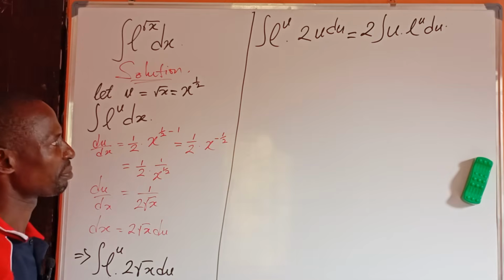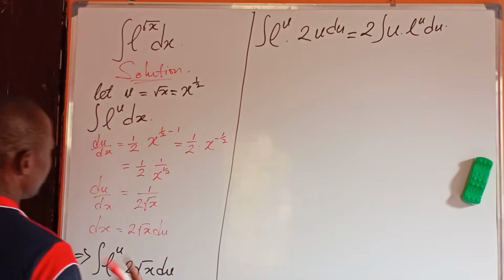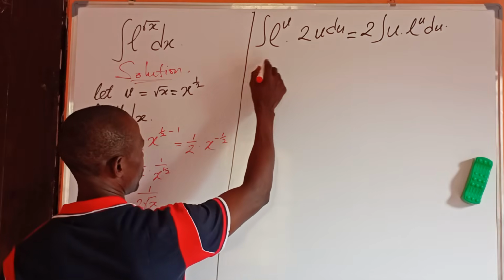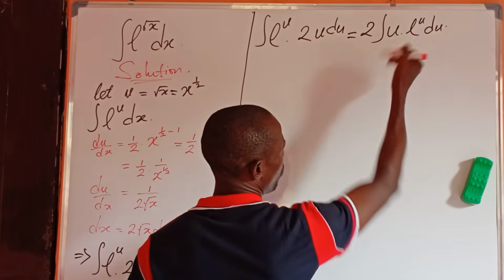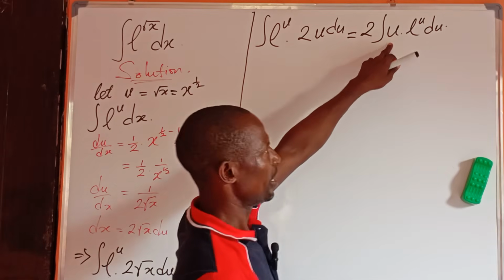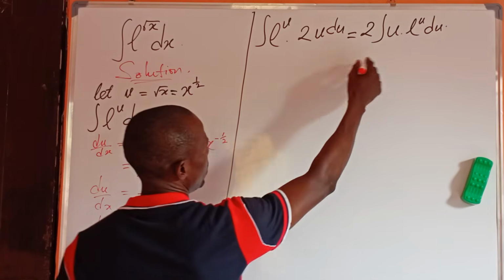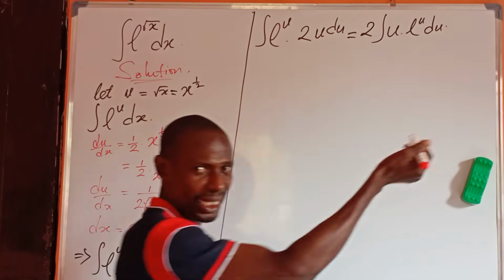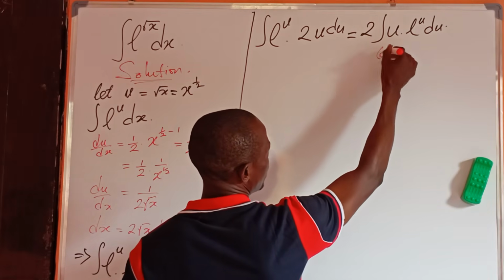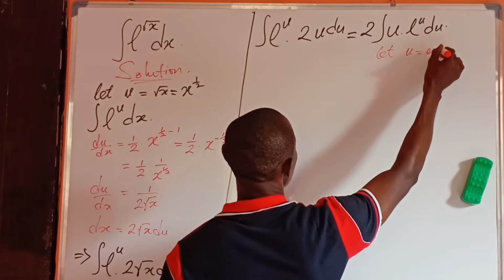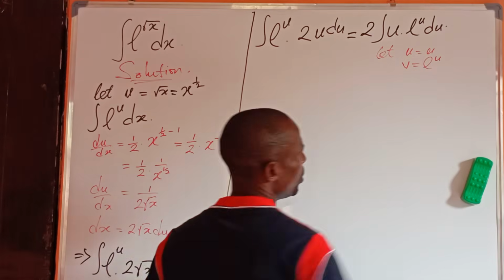From here, this is a product, so we recall the expression for integration by parts: if you have a product of this kind, we let u be equal to u, and v equals e raised to the power of u.